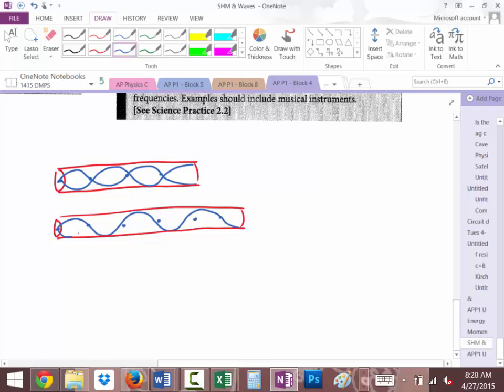They can both have a resonating frequency with the same wavelength, which means the same frequency. It's just a different harmonic number. Does that make sense, Will? Yeah, perfect. Thank you.